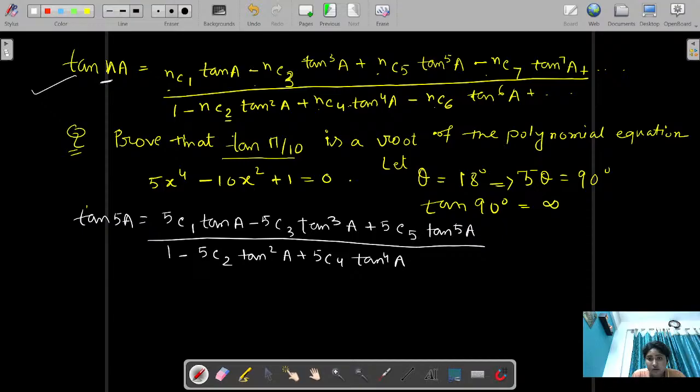I took theta here, I can take A also. Let it be A, so this will be 5A.